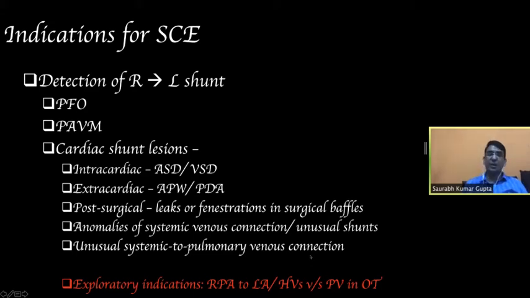I'll show some examples which will demonstrate how this contrast can be used. And there can be some more exploratory indications by which we can differentiate some of the complex things without the use of advanced imaging modalities.